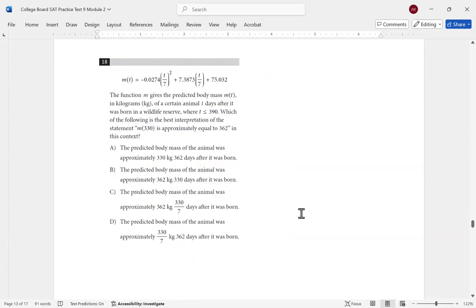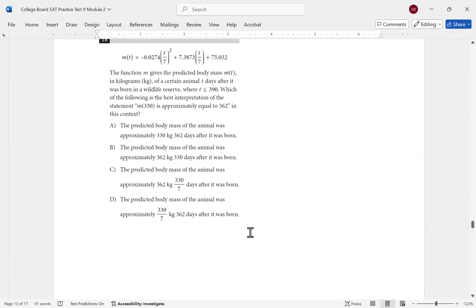Question 18. The function m gives the predicted body mass, m of t, in kilograms of a certain animal t days after it was born, where t is less than or equal to 390. Which of the following is the best interpretation of the statement m of 330 is approximately equal to 362?